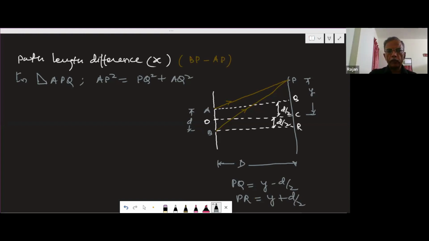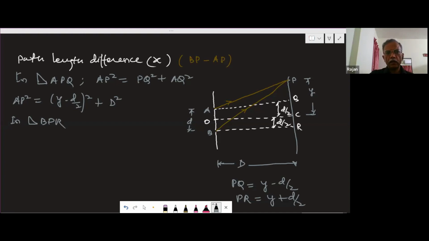So come here. Now it is your AP square. PQ square, just now we had seen, is Y minus d by 2 whole square, and AQ is D only. So plus D square. Similarly, we can find in right angle triangle BPR.